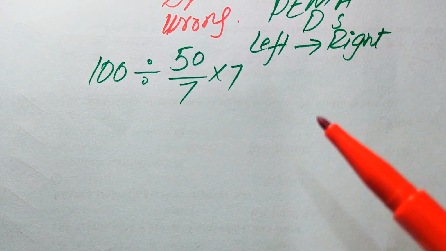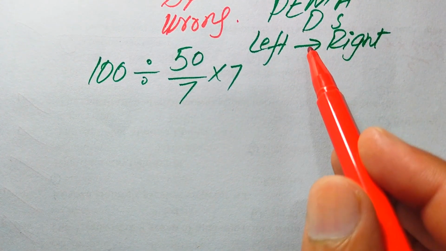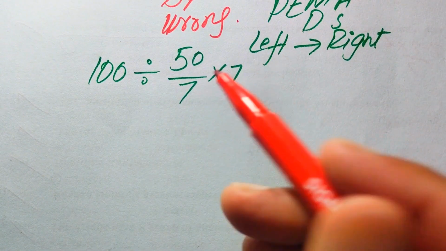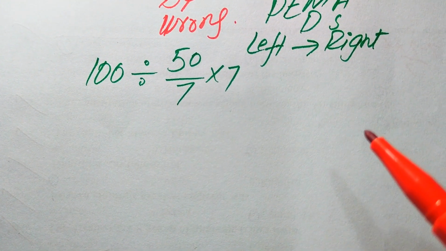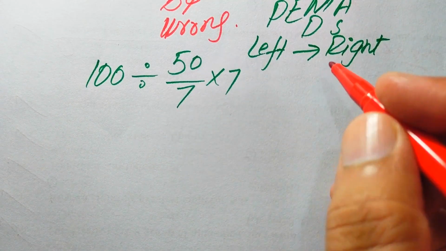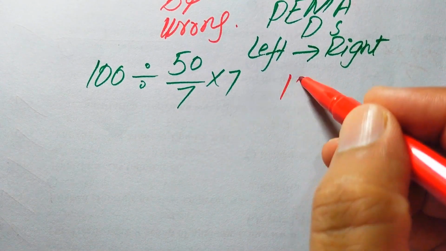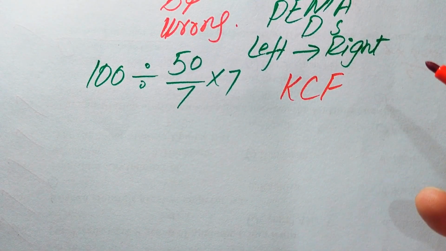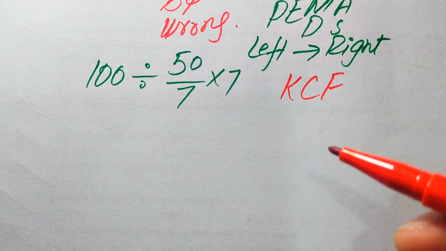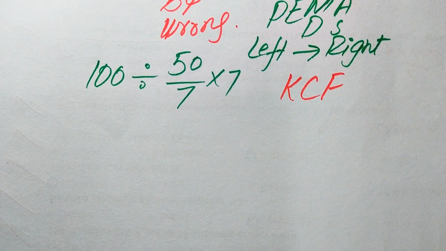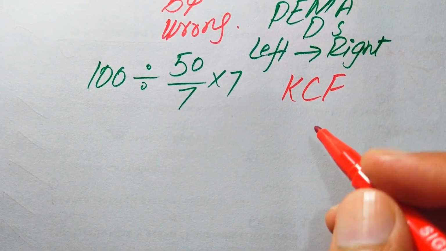Okay, so here you see that we give the first priority to multiplication or division, whichever comes first, but in this type of case we just use the nice KCF rule. I hope you already know about the KCF rule.